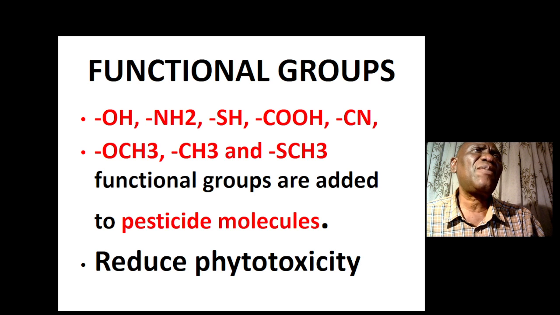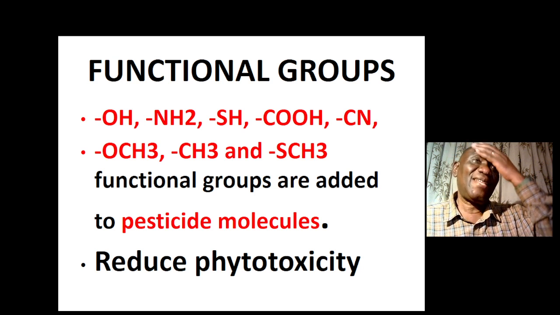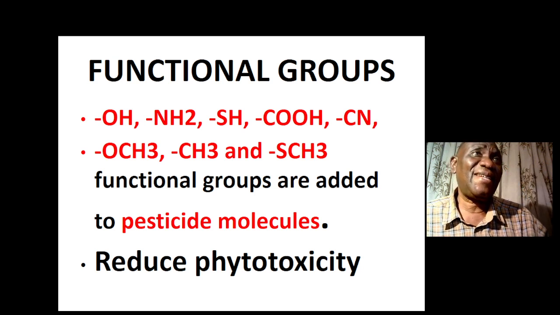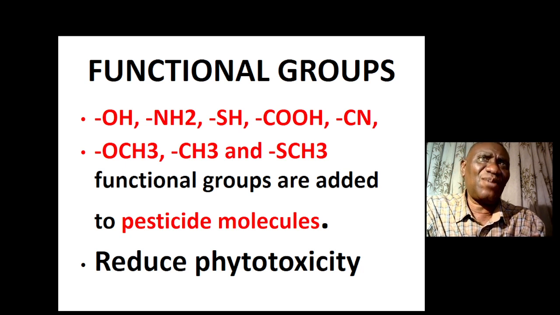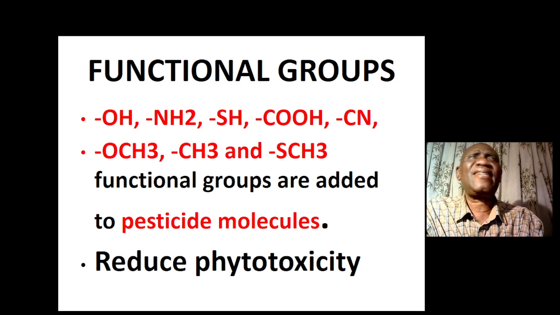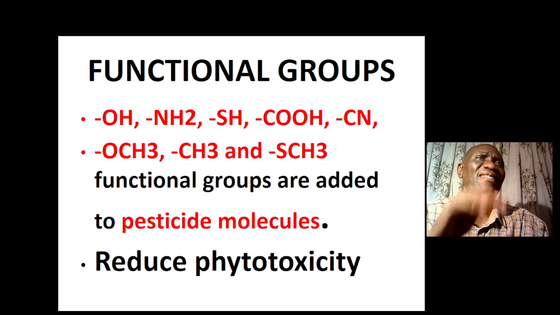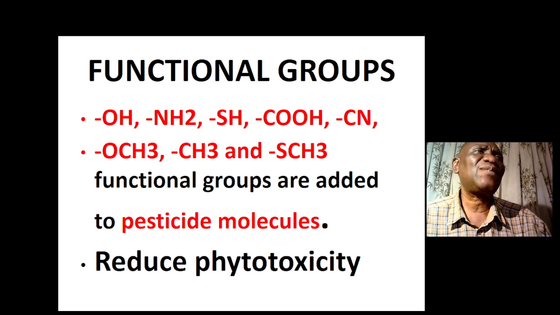So these are some of the examples: NH2, SH, COOH, CN, OCH3, CH3, SCH3. And we said these are functional groups which are added to pesticide molecules. As a result, there is a reduction in phytotoxicity.